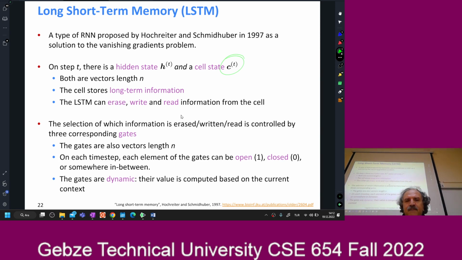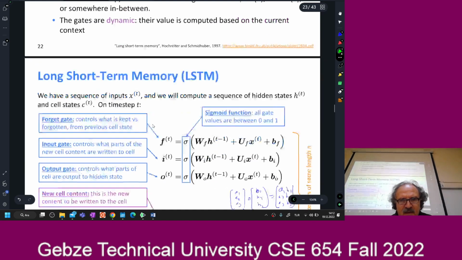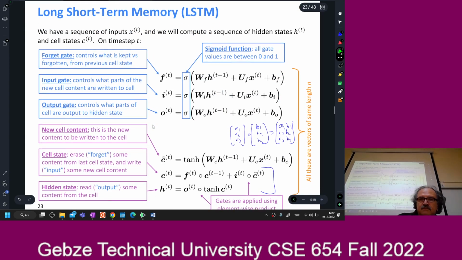And the last one is, how do I combine the new learned stuff with the old learned stuff? Okay, so it's a combination of 4 different networks. The combination of networks learns new stuff, forgets old stuff, and tries to remember the important old stuff. Okay, that's called long short-term memory, and this is how it is.